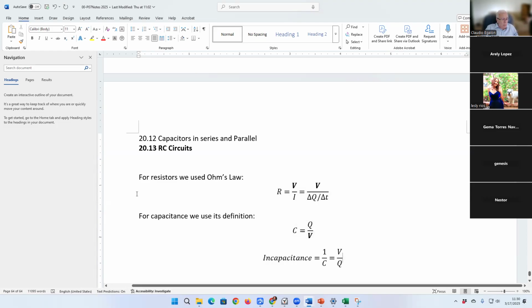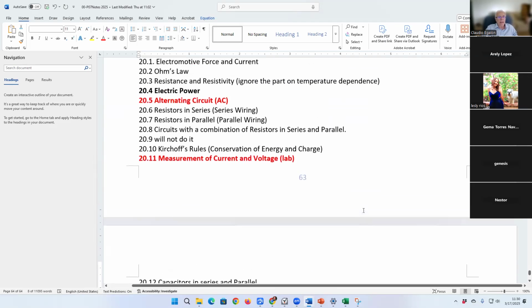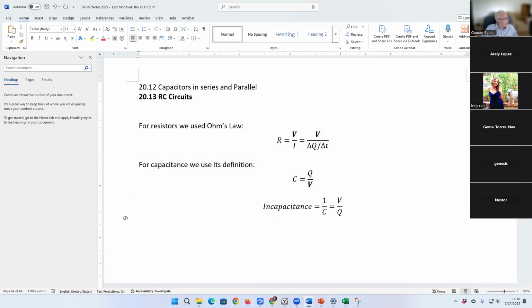But because we define the capacitance in this way, contrary to the way we define the resistance, okay? We can now go back, we can now, what happens?